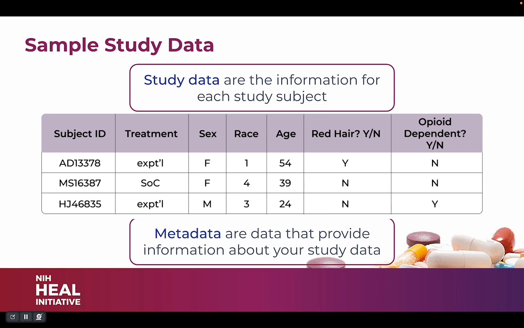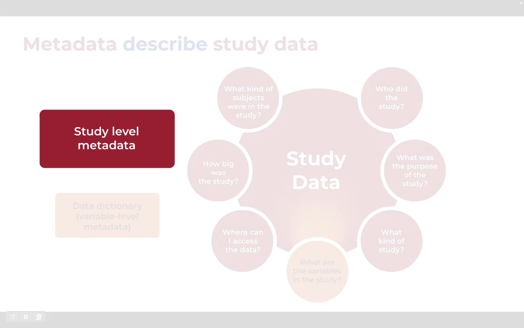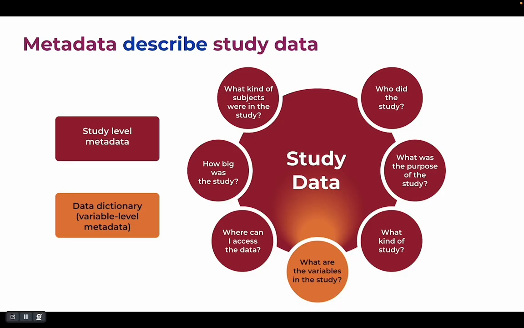My metadata describe these data. Data dictionaries, also called variable level metadata, describe the variables in the dataset, explaining what is being studied. For example, demographic fields and options, history of opioid dependence, and redhead status. Study-level metadata describe the study overall. It includes things like the study's name, description, grant number, and investigators.